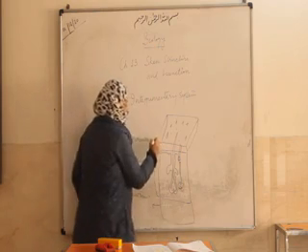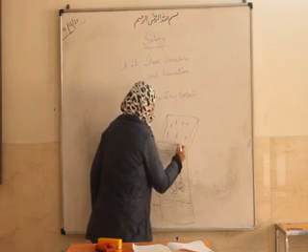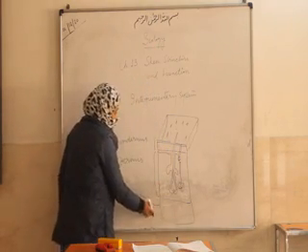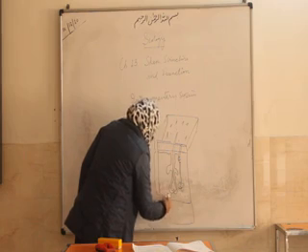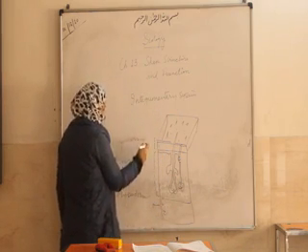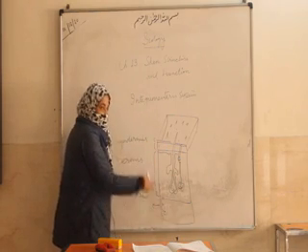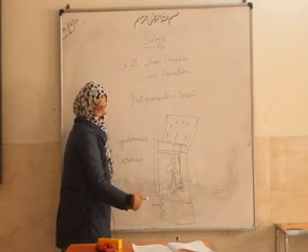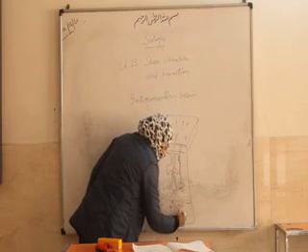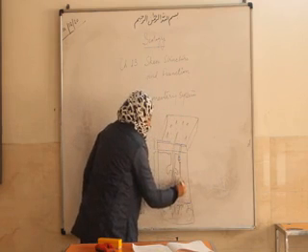This is the uppermost one, epidermis, then dermis, and then hypodermis. Epi means above, so above the dermis is epidermis; hypo means below, so below the dermis is hypodermis.